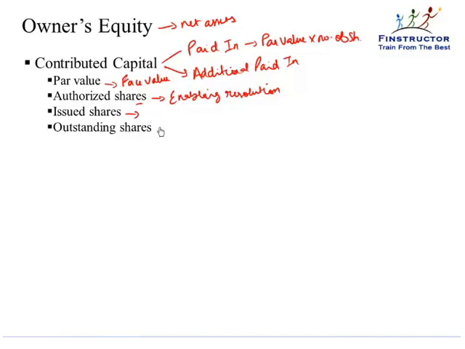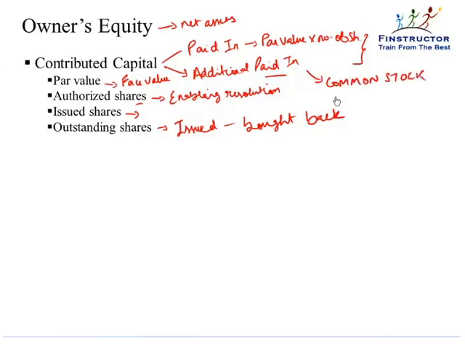Outstanding shares is the issued shares minus the treasury stock, or minus the shares that have been bought back by the company. So contributed capital is the amount contributed directly by the shareholders. It is also known as common stock. So when we say common stock, we mean nothing but the contributed capital. This account also contains information about the number of shares outstanding.